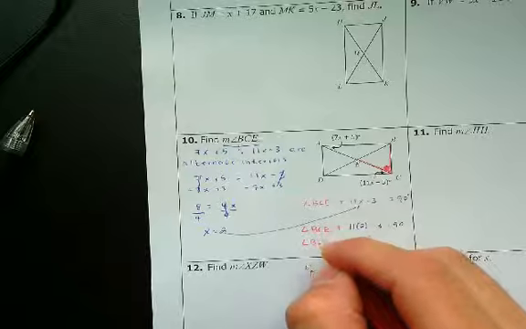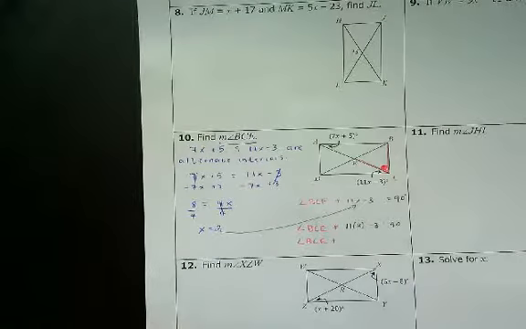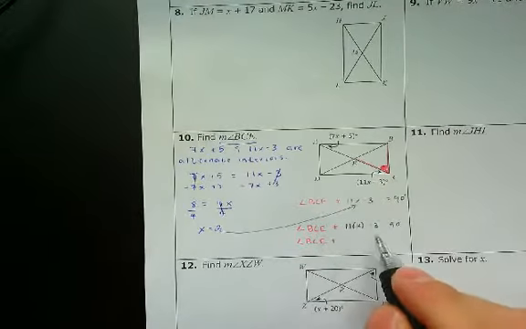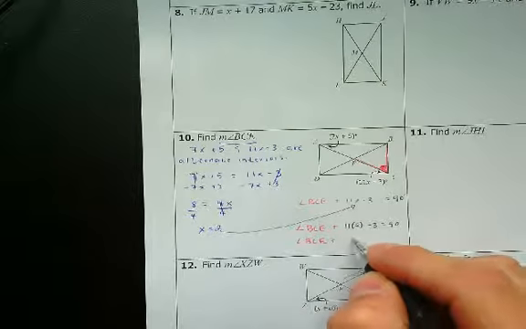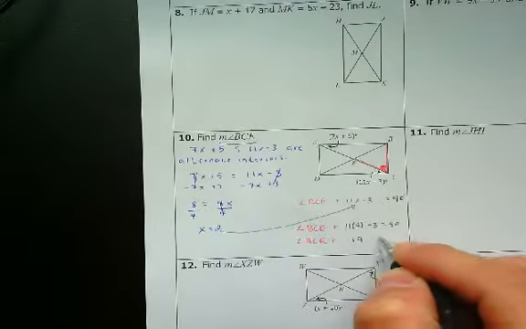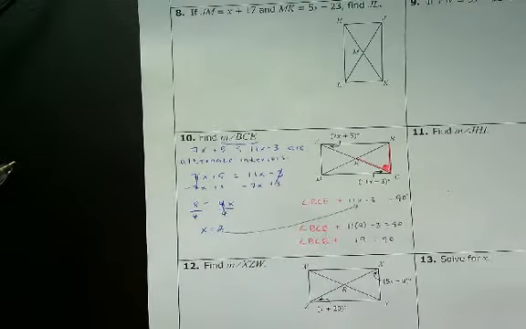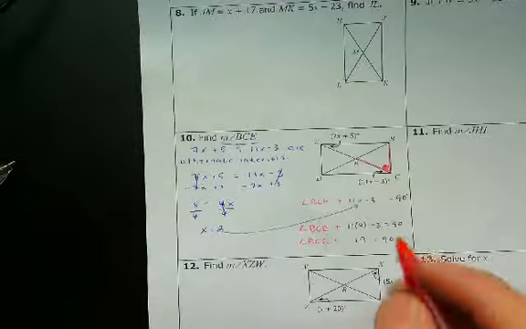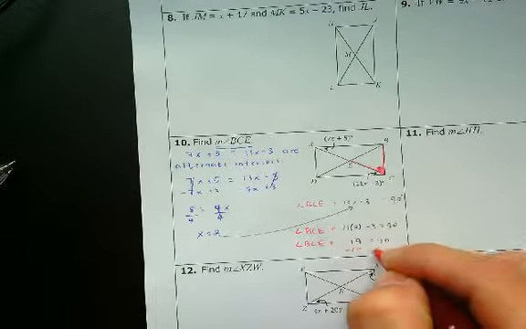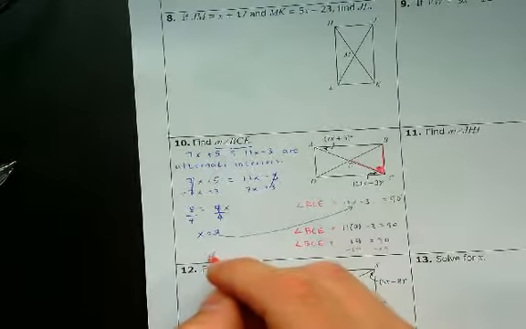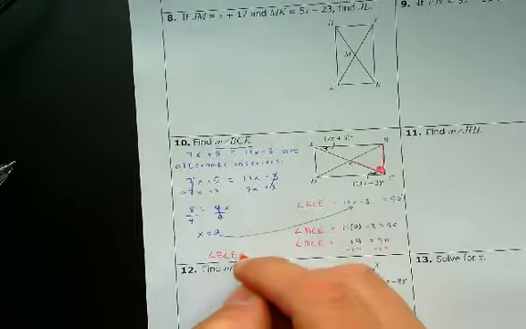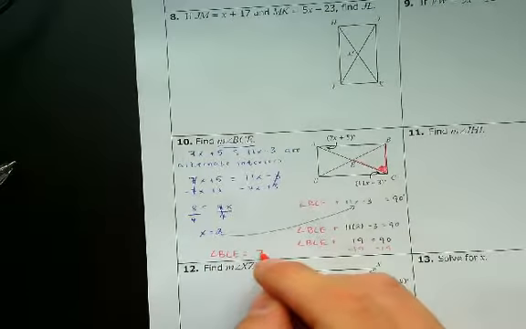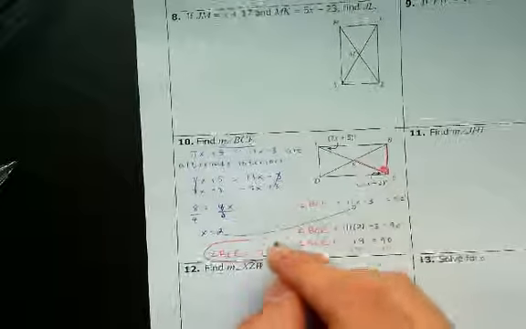Angle BCE plus, I got 22 minus 3, that's 19, equals 90. And then I'm going to take away 19 on both sides. Minus 19, minus 19. And we get BCE is equal to 71 degrees. There you go, ladies and gentlemen. That is number 10.